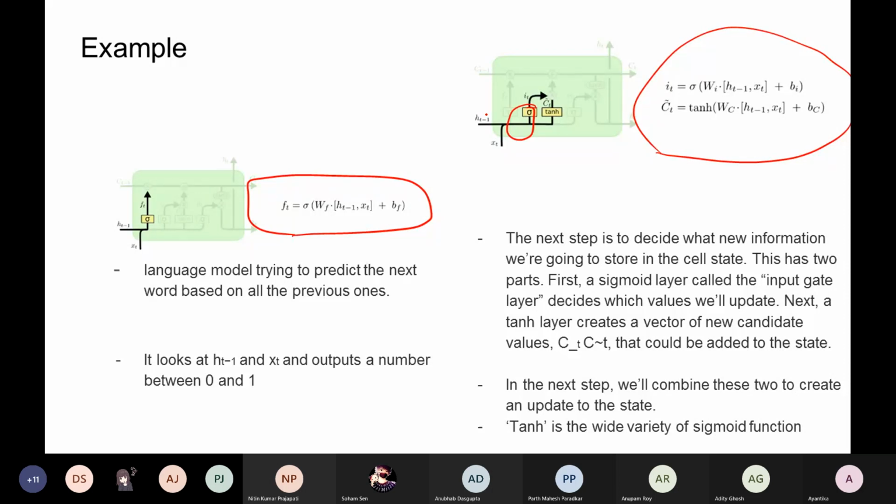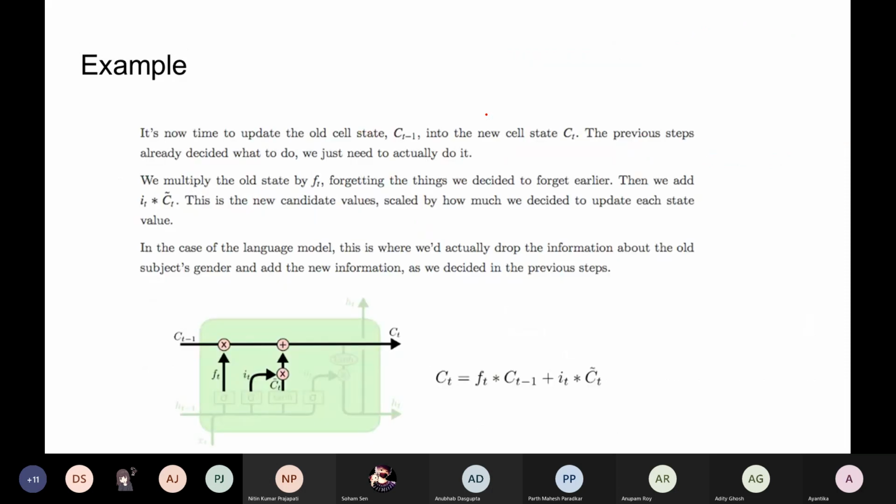You are allowing it to forget some part of your present input, and you are deciding how much to remember or forget, that is, how far your previous output will actually affect the present input.